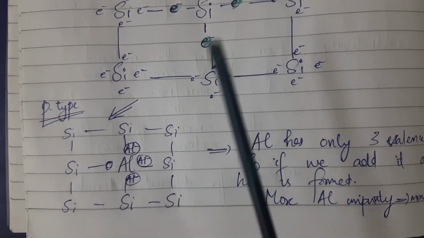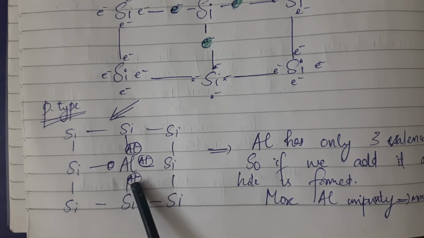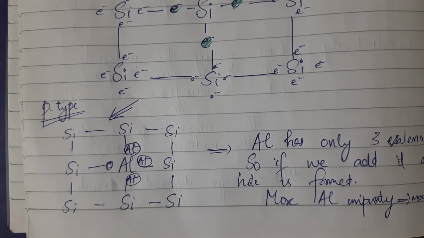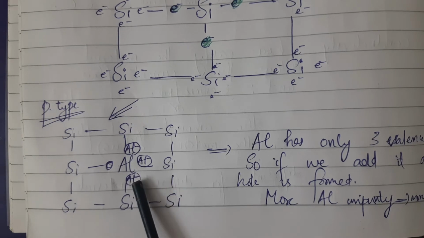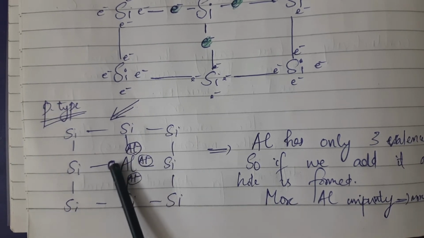I have replaced the silicon and added aluminum from the 13th group. This aluminum has only 3 electrons here, so there is a lack of 1 electron, which makes a hole.